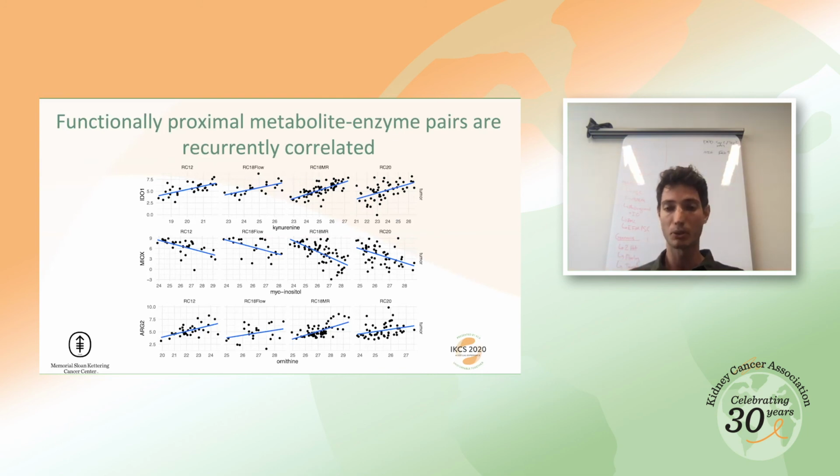Now, the other special thing about these metabolite-gene pairs is that they are functionally proximal to each other. In other words, that gene is either the direct producer or consumer of that metabolite. And there are 2 really critical implications of this. One is that potentially what we're looking at are rate-limiting determinants of metabolite abundance.